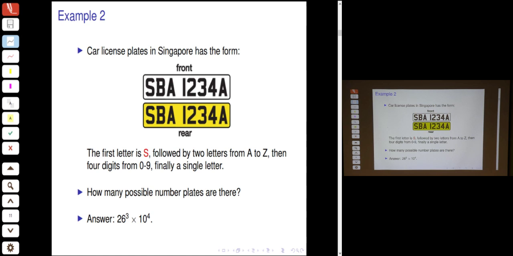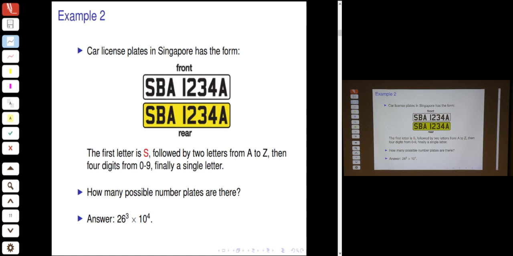So it's 26 to the power of 3 for the second position, third position, and last position. Now in between there are 4 positions. Each of them has 10 choices because there are 10 digits. So you multiply them, you get 10 to the power of 4, and then multiply everything together.